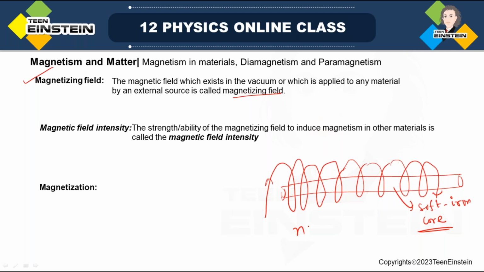Suppose there are n turns per unit length of the solenoid and each turn carries current I. The magnetic field which is responsible to magnetize it is μ0 n I. We know that an air core solenoid produces a magnetic field along its axis, and that is given by μ0 n I. So this field is called the magnetizing field.